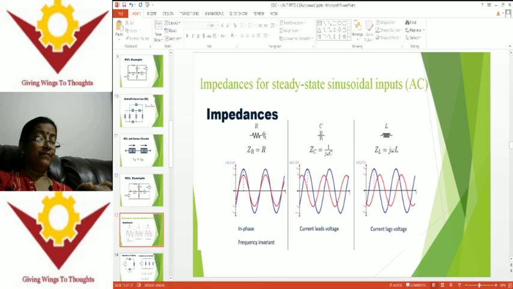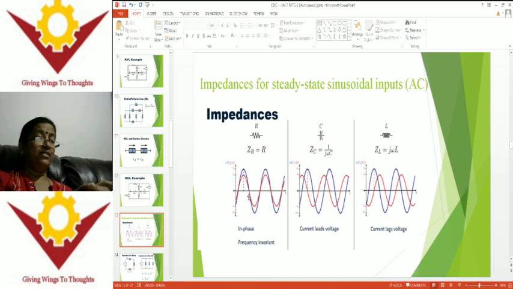In steady state sinusoidal inputs, instead of calling it a resistor, it's an impedance. So ZR is equal to R. The current flowing through the resistor and the voltage drop across it are both in phase. The sinusoidal waveform of the blue color is the voltage and the red color is the current flowing through the resistor. Both are in phase.